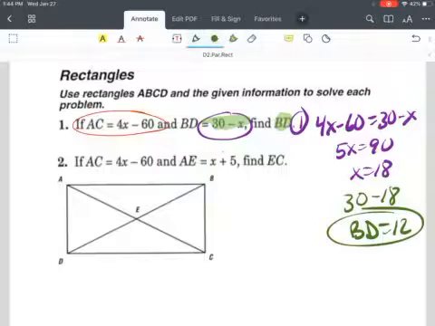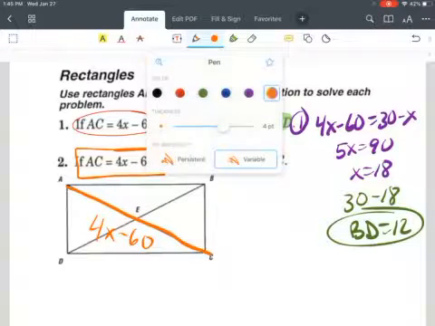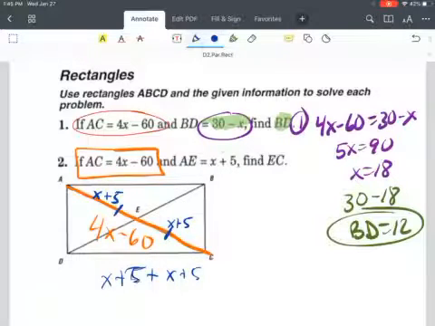For number 2, we're going to use the same diagram. In this case, it says that the whole diagonal is 4x minus 60. And then it says AE, which is just this little part of the diagonal, is x plus 5. Because diagonals bisect each other, if AE is x plus 5, then EC must also be x plus 5. So I can add those two together and set it equal to the whole thing.